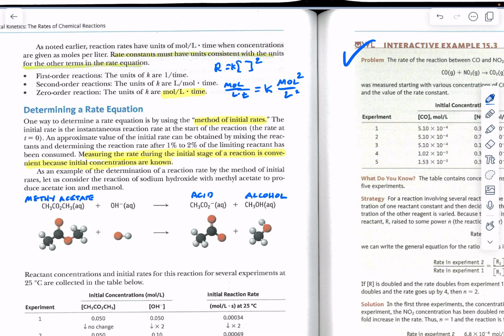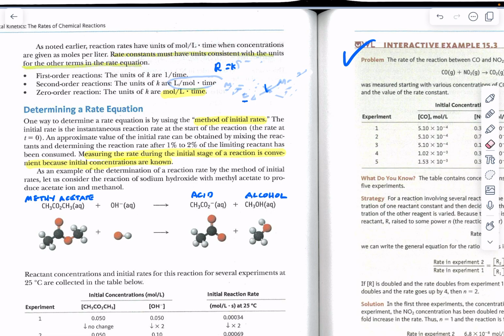And when you solve for K this time, you can see that moles cancel. One of the moles on the right will cancel, one of the liters cancels. When you solve this for K, the time stays in the denominator, this mole is going to go downstairs on the other side, and the liters will go upstairs on the other side. And you're going to get these units for a second order reaction. Notice that the units change from first order to second order for your K constant.